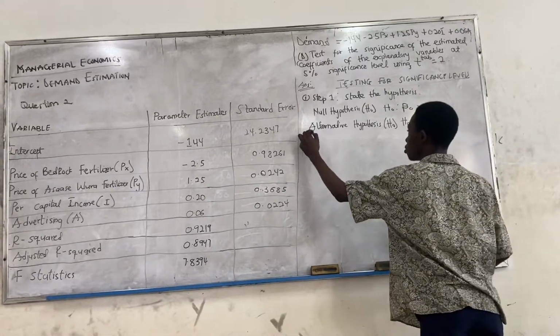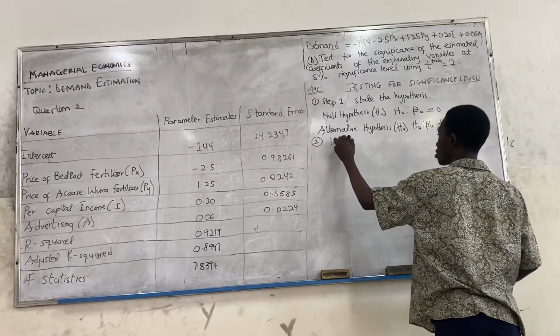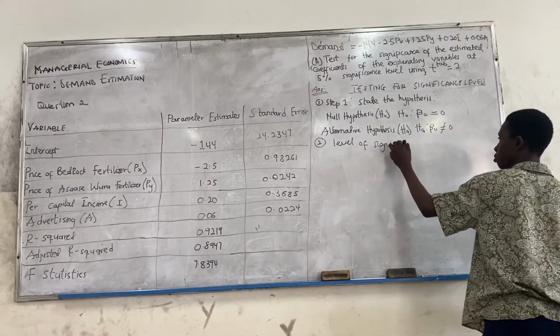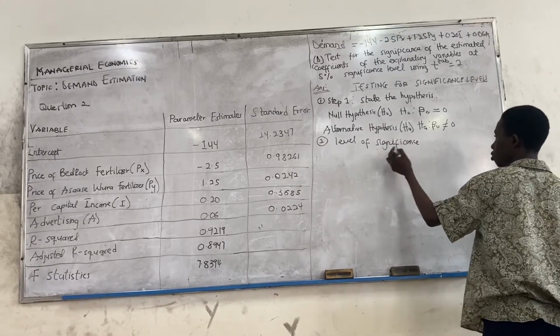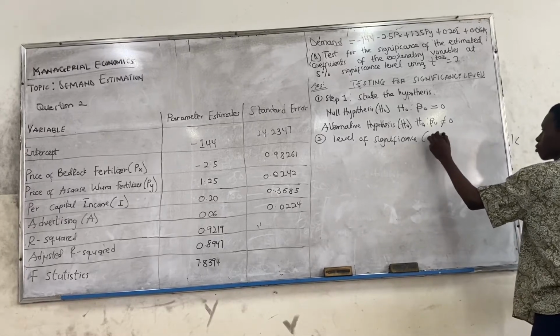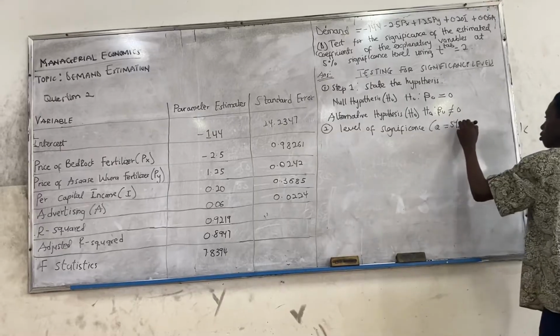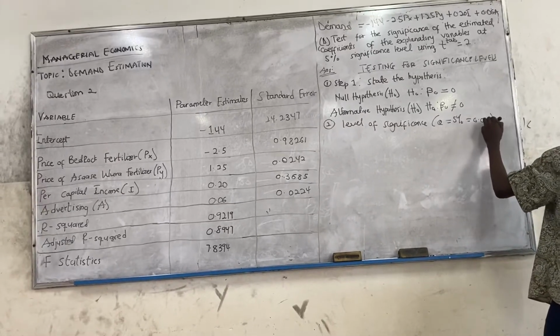So step 2, level of significance. We're given the level of significance to be 5%, that's 0.05.